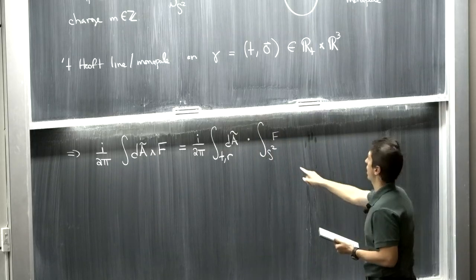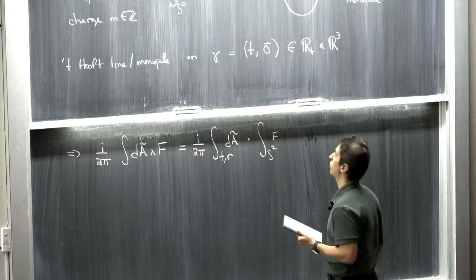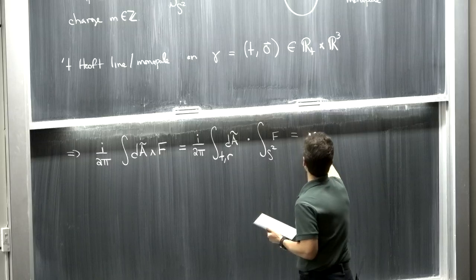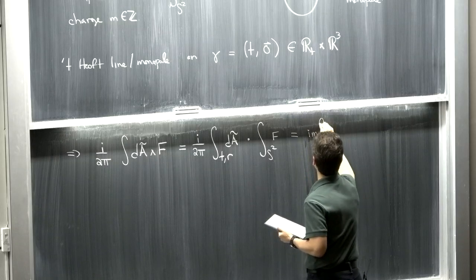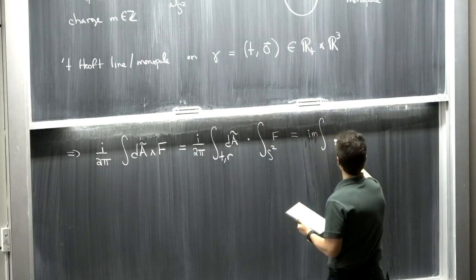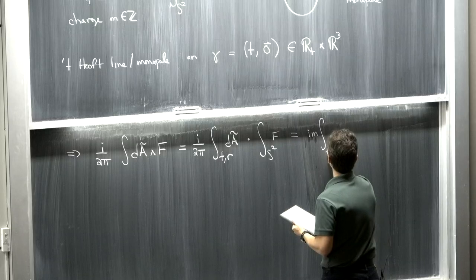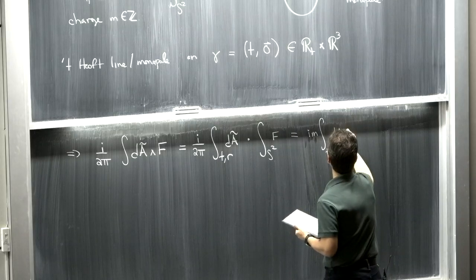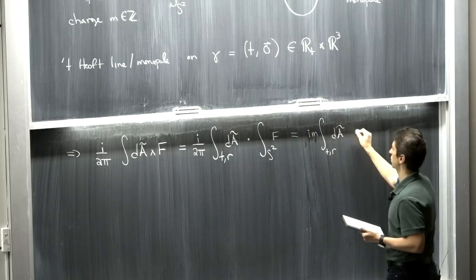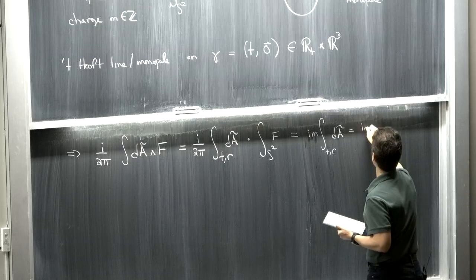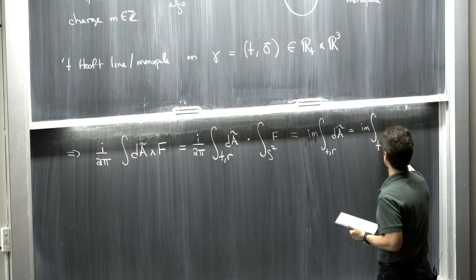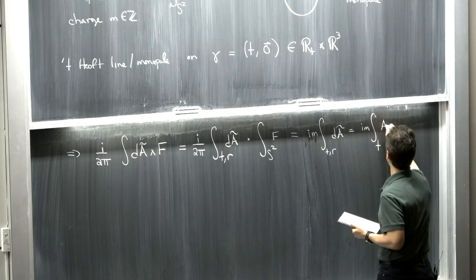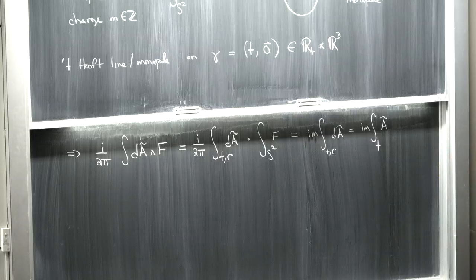Okay. And now we just plug in what we know. And this is I m integral over T and R of dA tilde, or integrating the R direction by parts, I m integral just over the world line gamma, which is the T line at the origin, of A tilde.